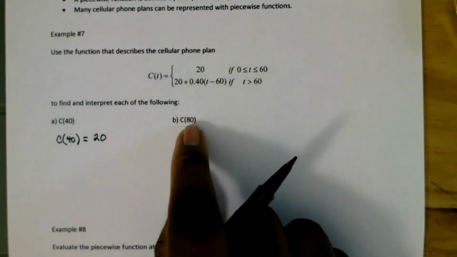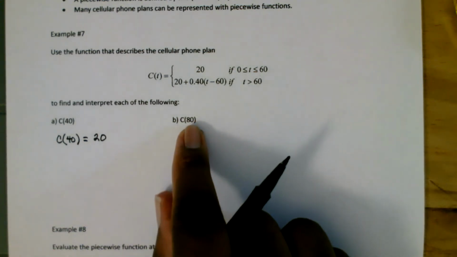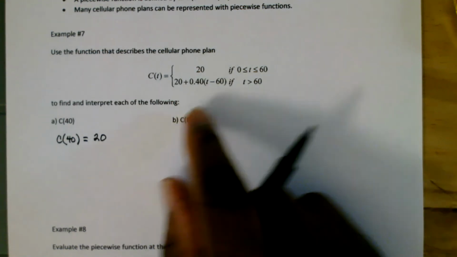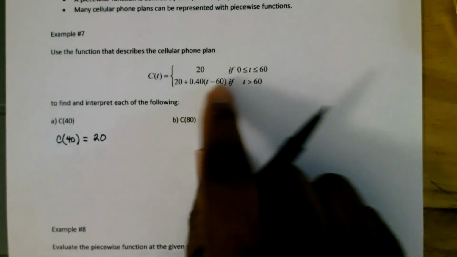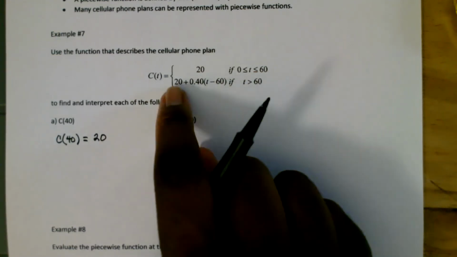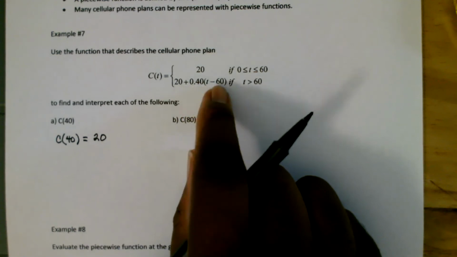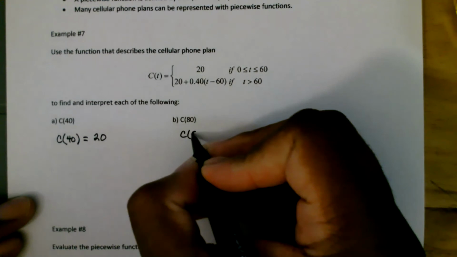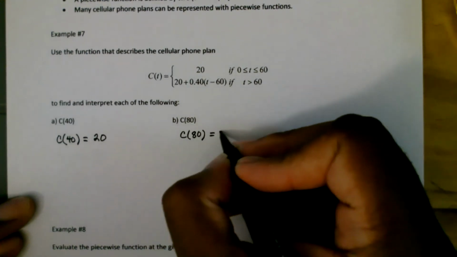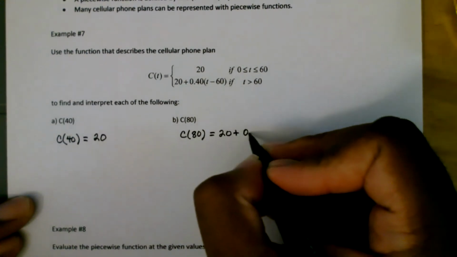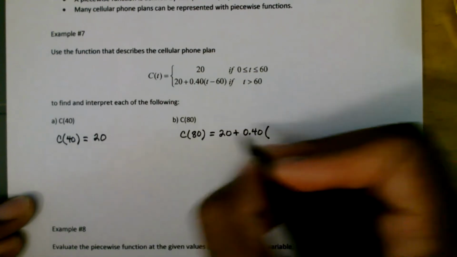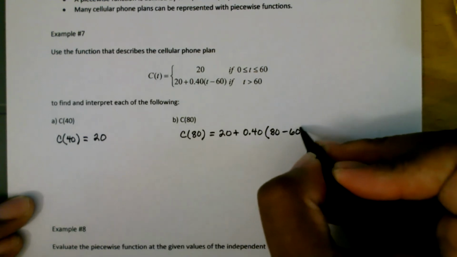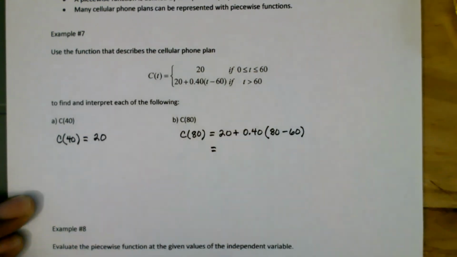And for the cost for 80 minutes on a cellular phone plan, this is part B. 80 is your t. Notice that it's over 60, so we must use this 20 plus 0.40 times the quantity t minus 60. So here the cost of 80 minutes is 20 plus 0.40 times, with t substituted with 80, minus 60. And then we simplify.